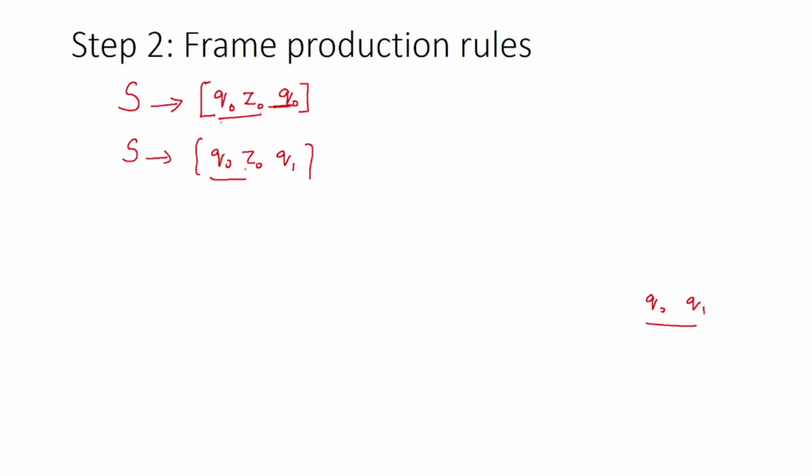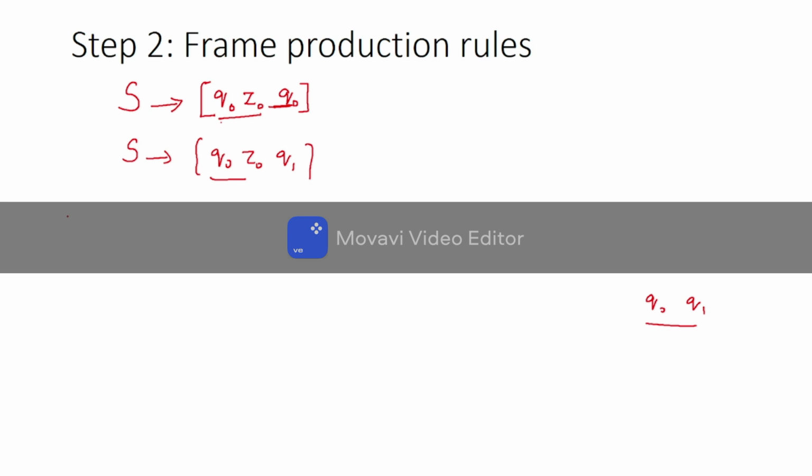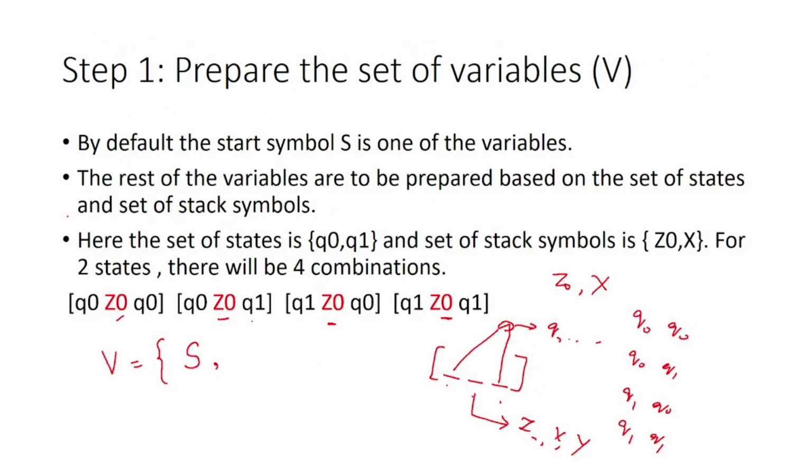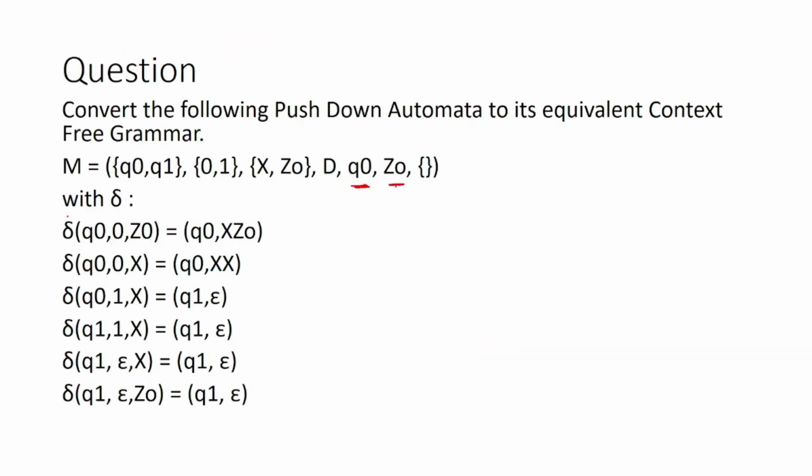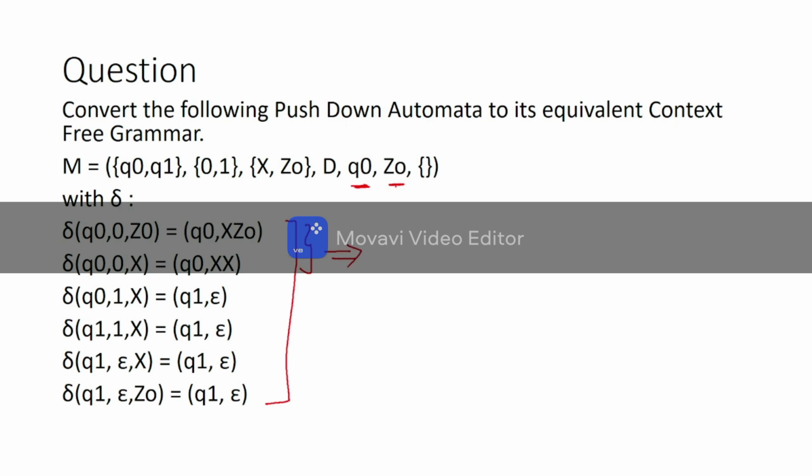And the next is we have to frame the production rules for each transition given in the PDA. So, in the given PDA, look into the transitions, right. Here are the 6 transitions available, and among these 6 transitions, the first two transitions are performing the push operation, right.